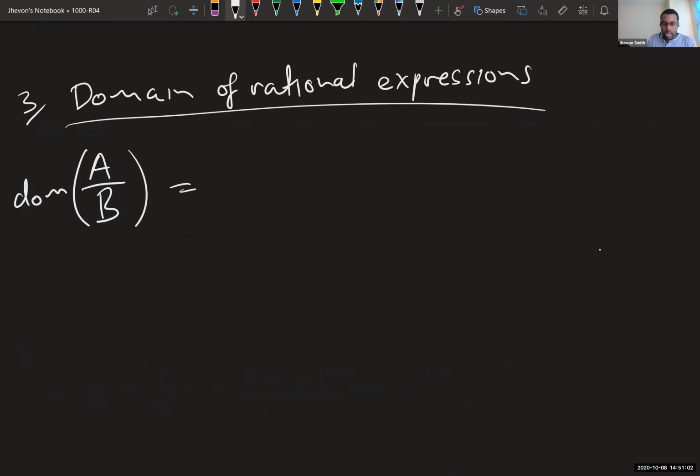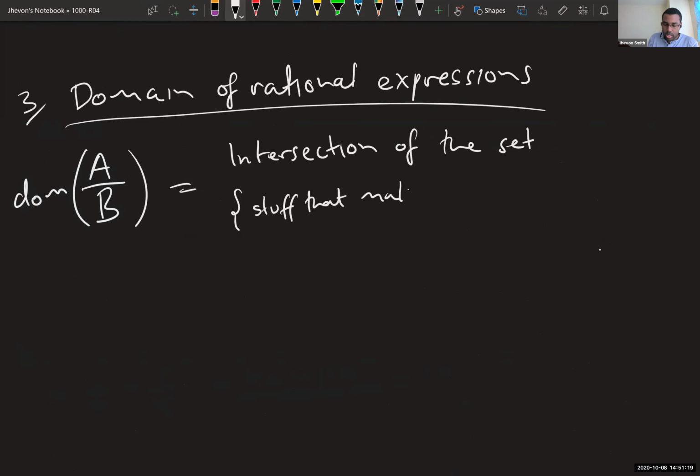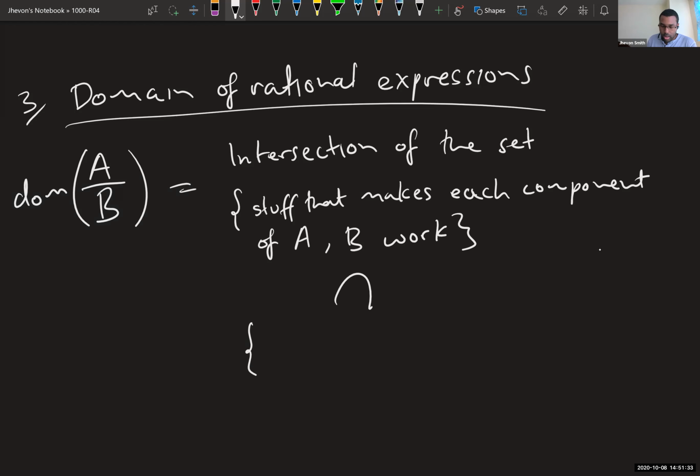This is just an intersection of the set of stuff that makes each component of A and B work with the set of values where B is not equal to 0.